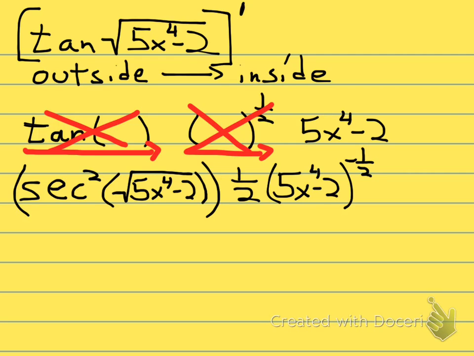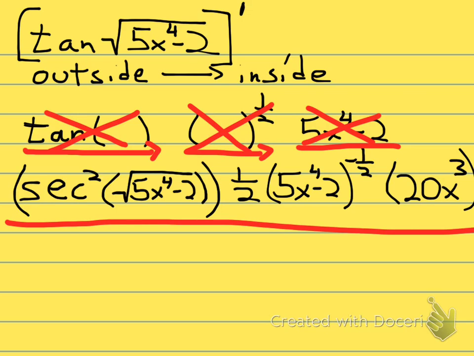The very last thing I have to do is take the derivative of this last part, and the derivative of that last part is just 20x to the third. That completes the innermost function. So the derivative is this whole thing: secant squared of the square root of 5x to the fourth minus 2, times 1/2 times 5x to the fourth minus 2 to the negative 1/2, times 20x cubed.